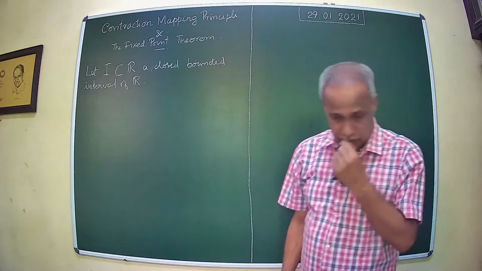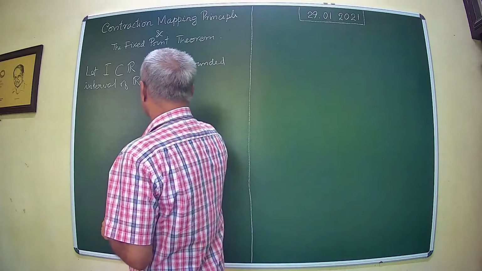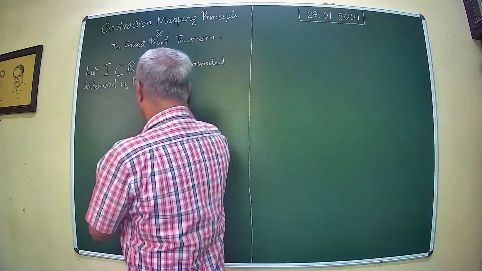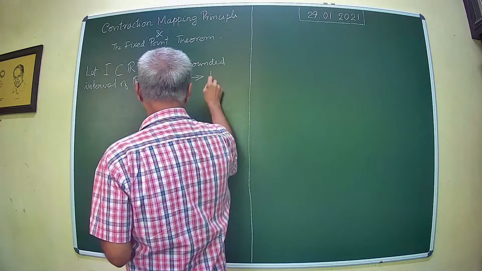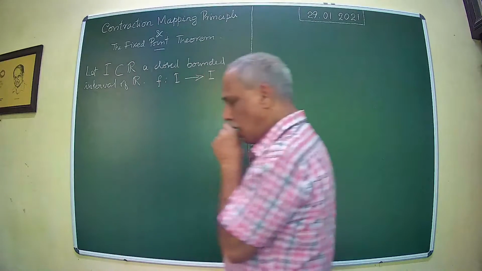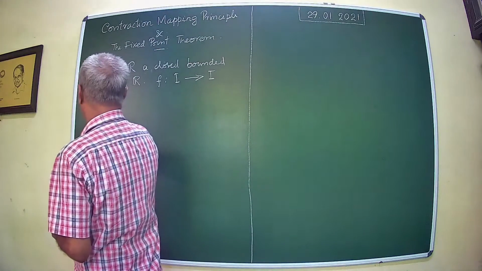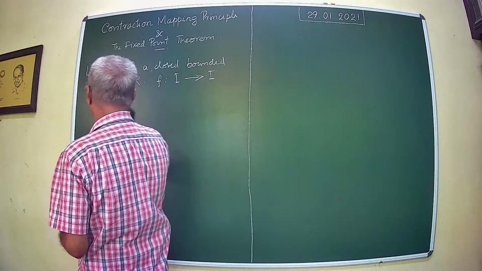Now, let us look at a map F from I to I. So I is of the form, I will take it as something like [0, 1] for instance.